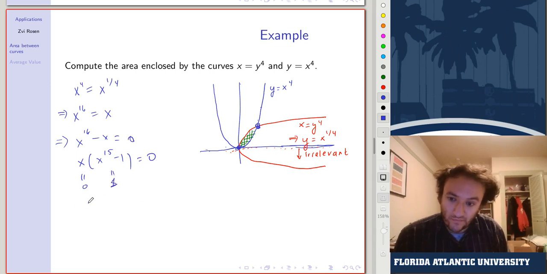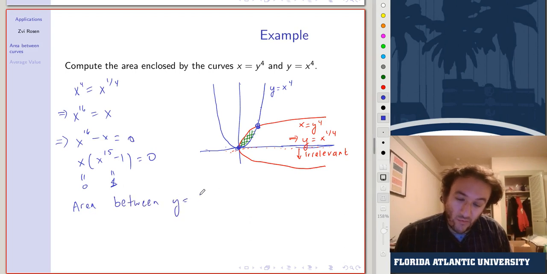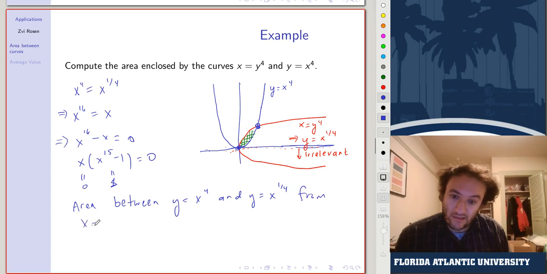So what we want is the area between y equals x to the fourth and y equals x to the quarter from x equals 0 to x equals 1.